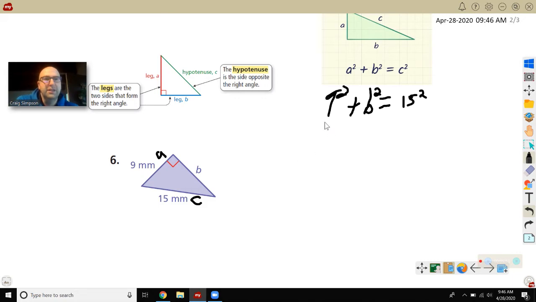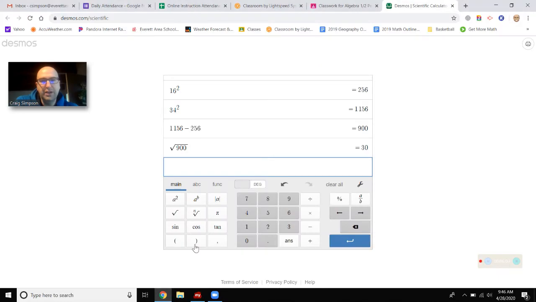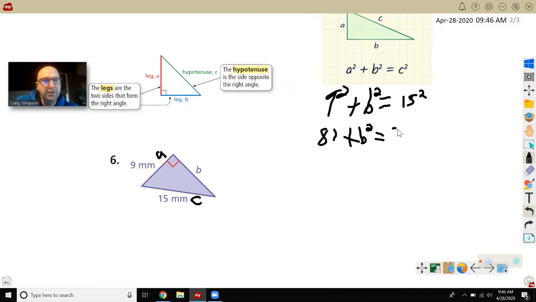9 squared is 81. We don't have anything for B yet. And 15 squared, let's go back to our calculator. 15 squared is 225. What's our next step here?